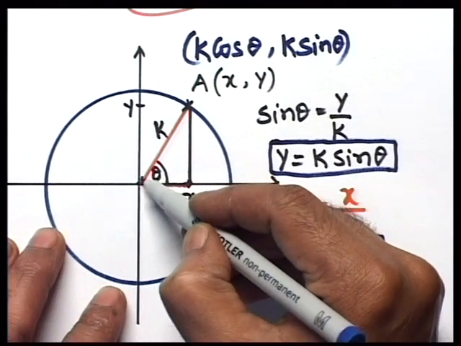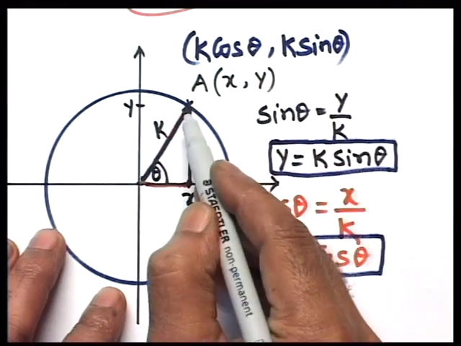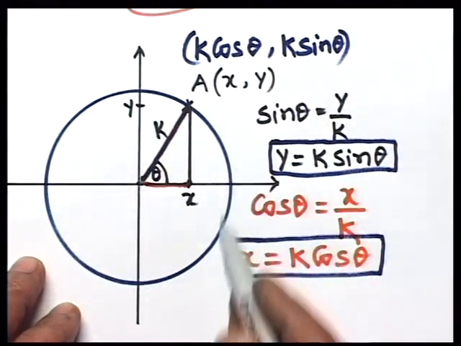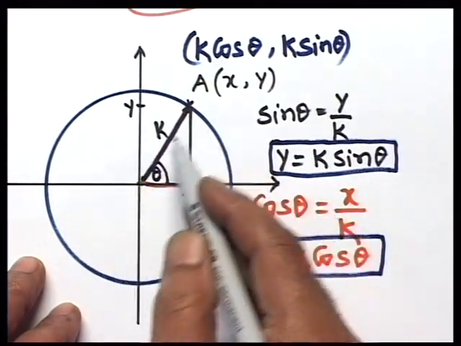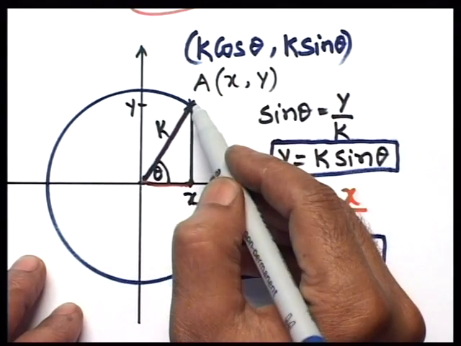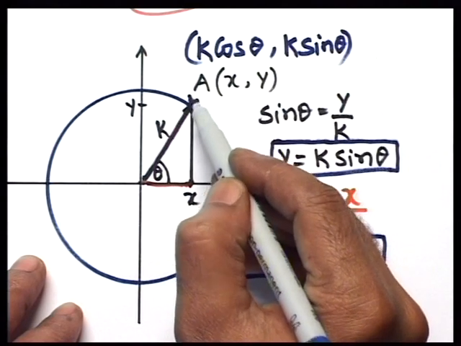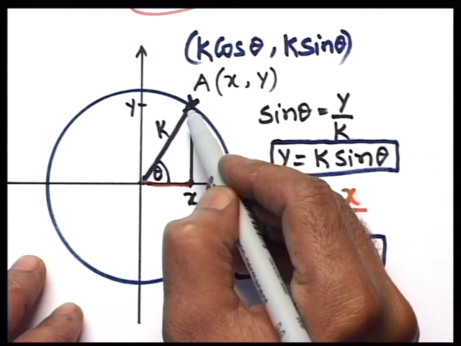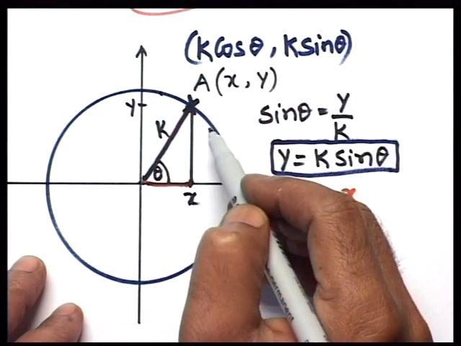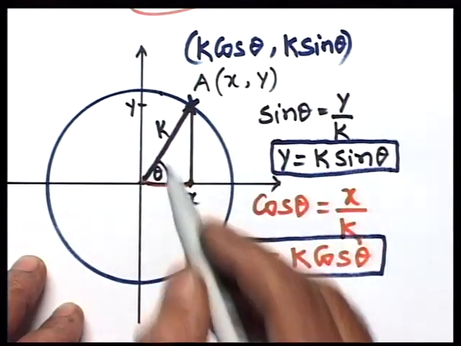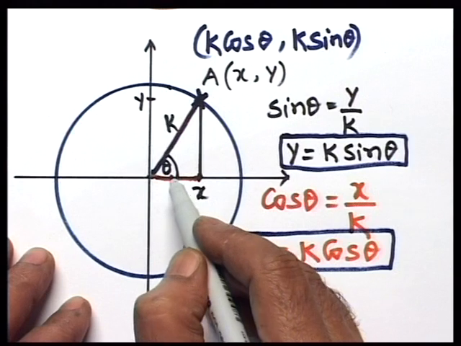Now this red line there, the radius, moves around the circle, so the angle will increase gradually. So we can understand where the point A is, and we can find the x or y coordinate at any time as long as you know the theta value.